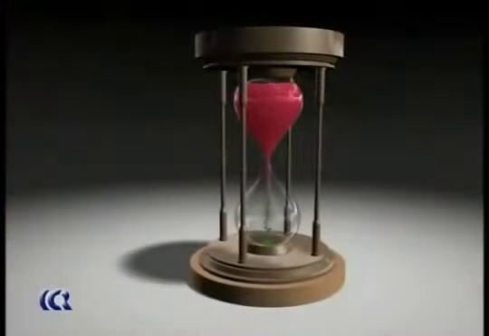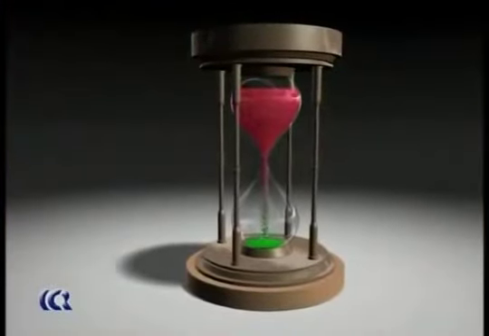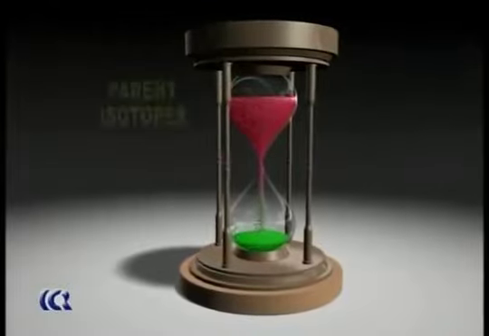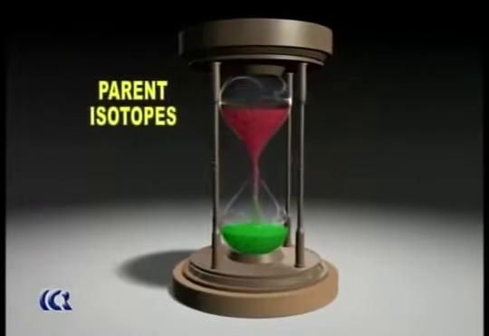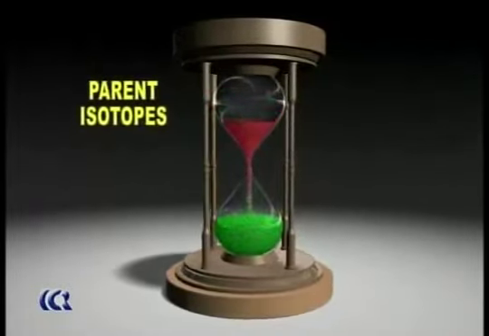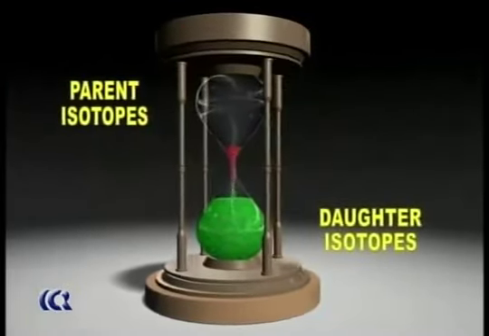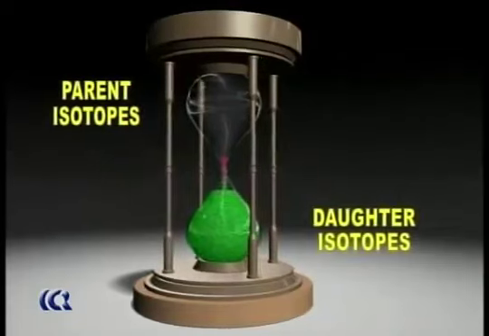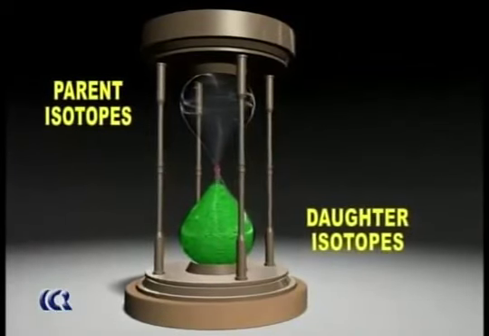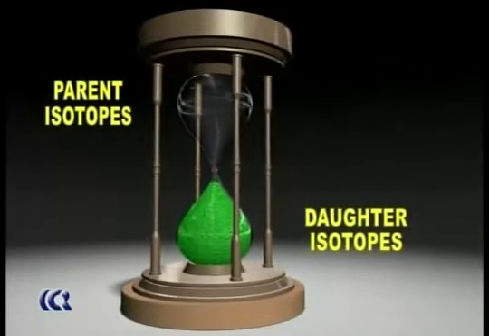Continuing the hourglass illustration, the sand in the top can be compared to unstable atoms, or parent isotopes. The sand at the bottom represents the decay products, or daughter isotopes. In nuclear decay, the parent isotopes, sand on the top, are always unstable and over time change to daughter isotopes, sand on the bottom.